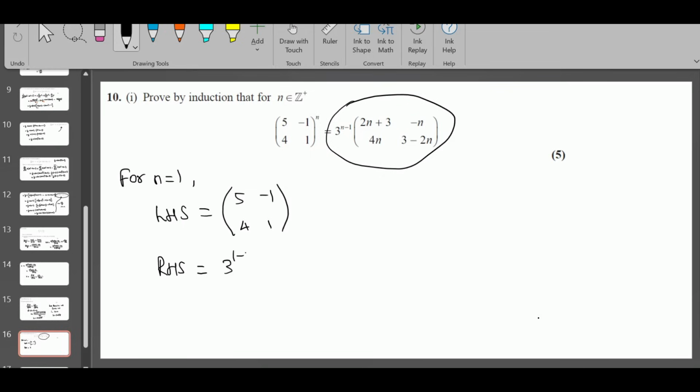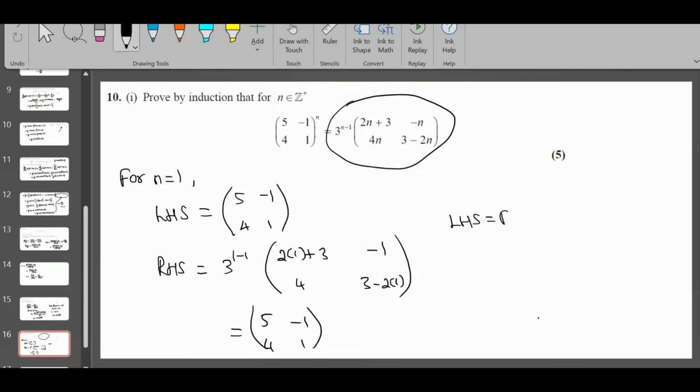So 3 power 1 minus 1, 2 times 1 plus 3, minus 1, 4 times 1, 3 minus 2 times 1. 3 power 0 is 1. So you're going to get 5, minus 1, 4, 1. LHS is equal to RHS, right? That means the statement is true when n is equal to 1.